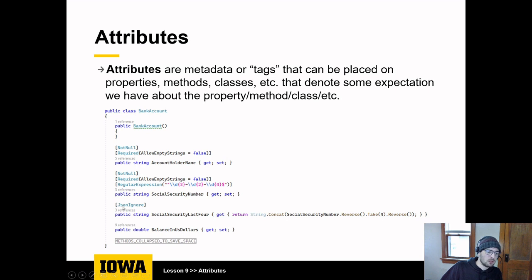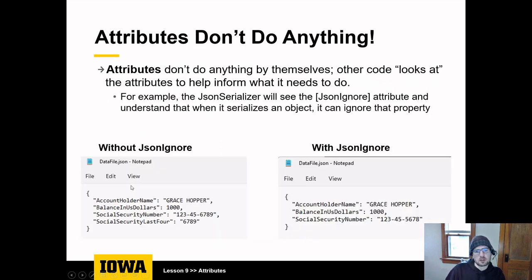So we use the JSON ignore attribute to describe that expectation about this property.